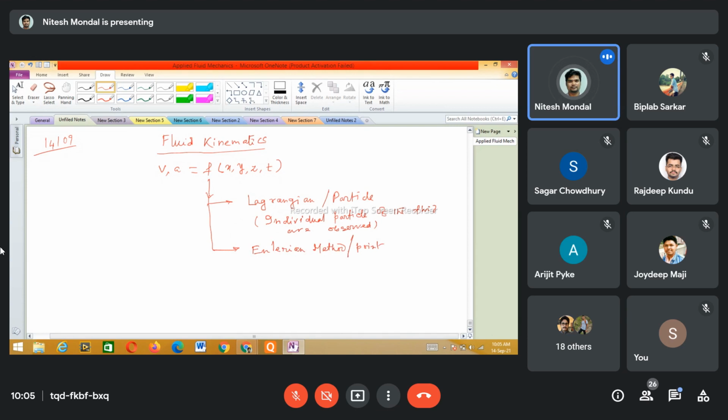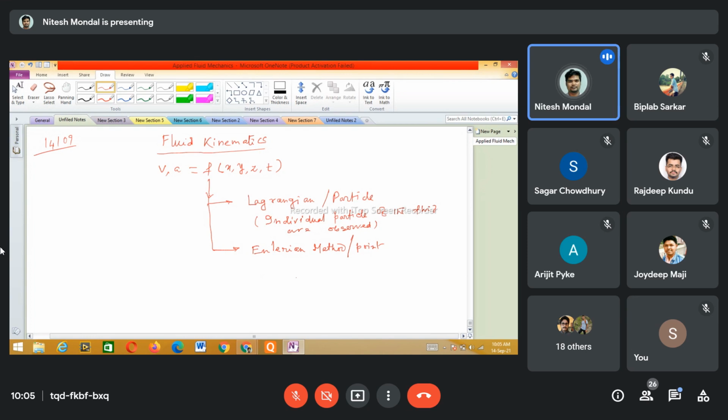Here we define a space in the fluid system and study that region. In the Eulerian method, you define any position and observe what happens at that position to the fluid particles. So this is the main difference between the Lagrangian method and the Eulerian method.